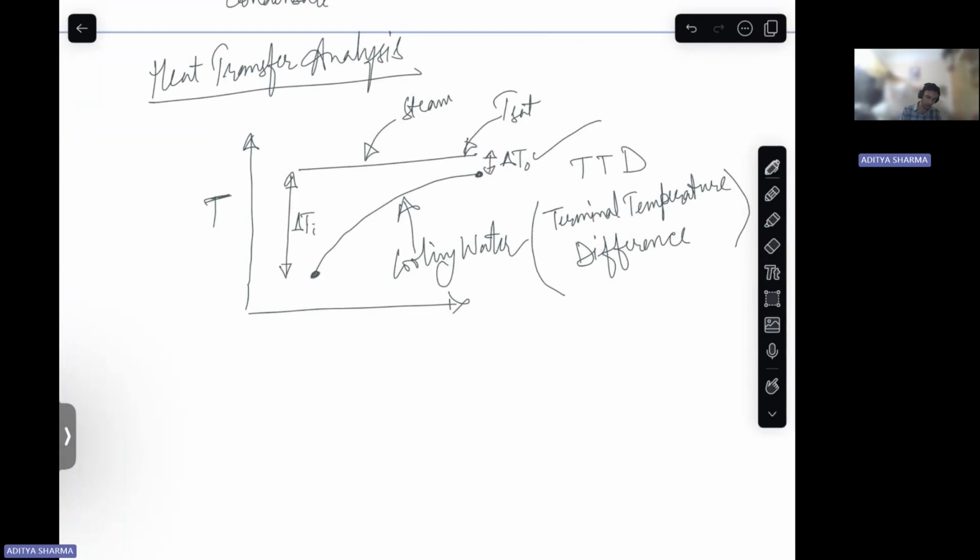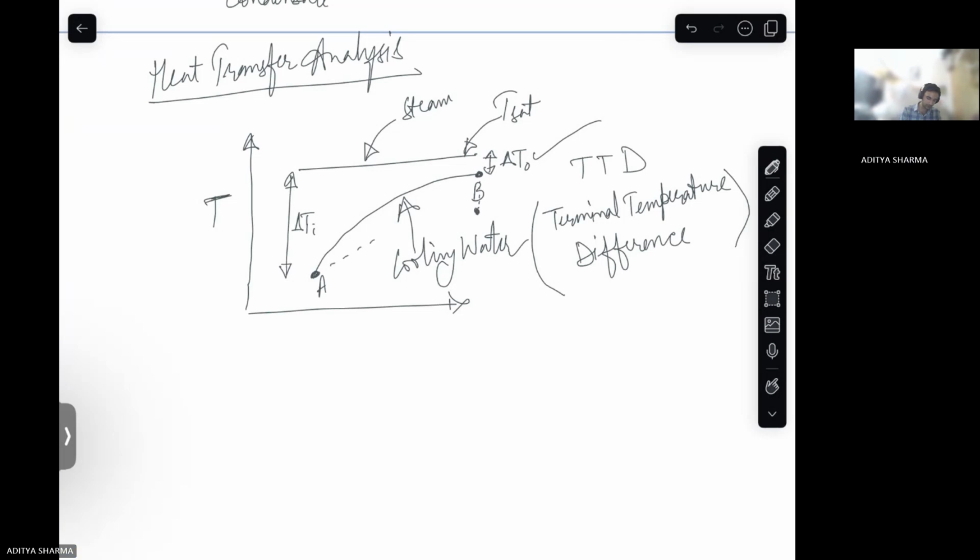So this is your cooling water, right? If your TTD, terminal temperature difference, increases, this means, let's say this is point A and this is point B, this point B will come down, let's say to here.